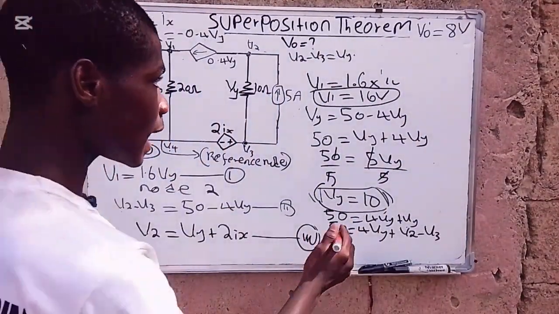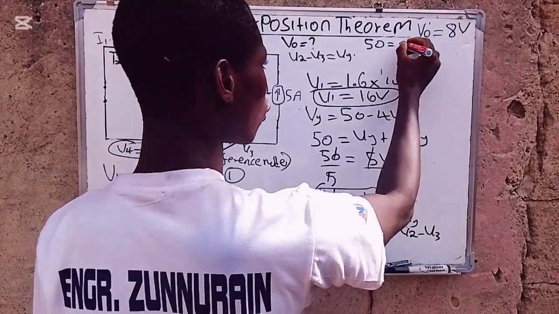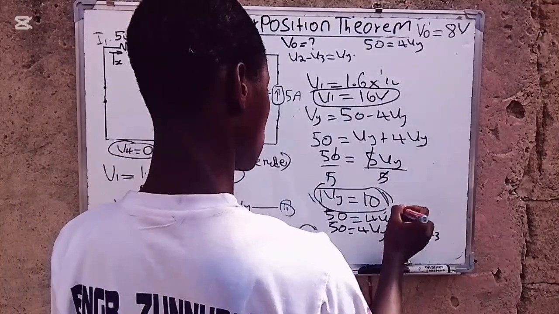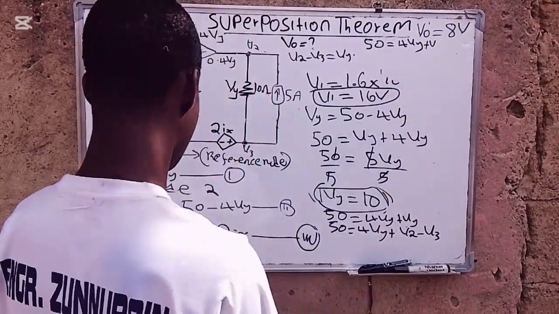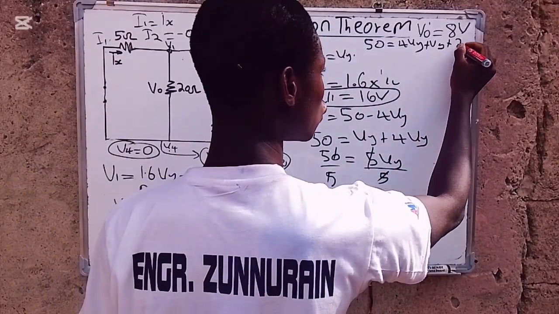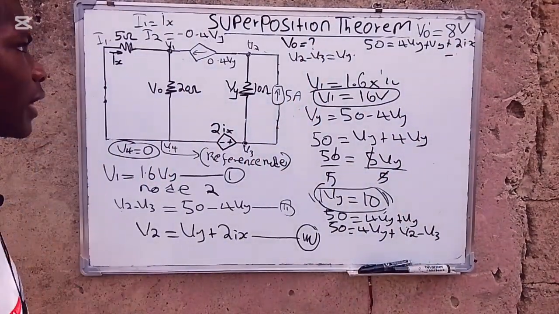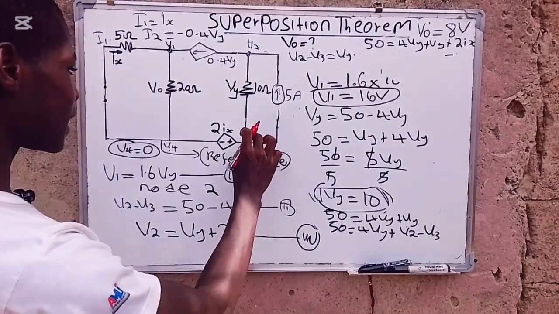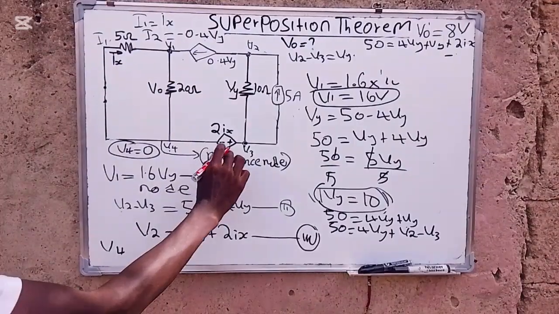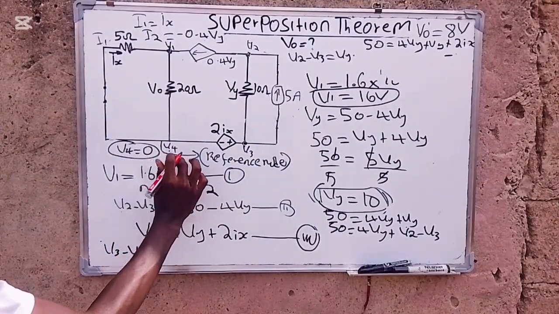So the next thing is that I have 50 equal to 4Vy, plus V2, which is the same thing as Vy plus 2ix, and therefore minus V3. And we all know that we have V3 minus V4 here.